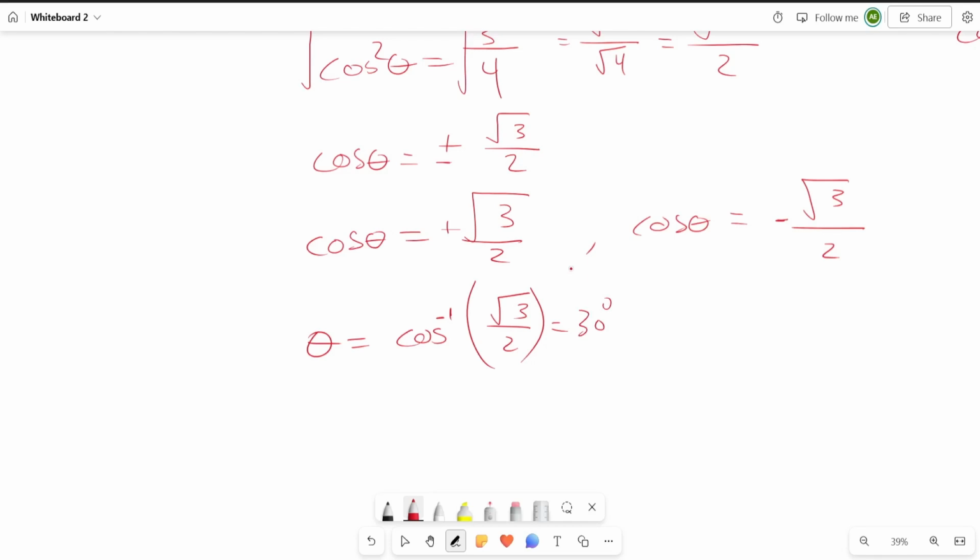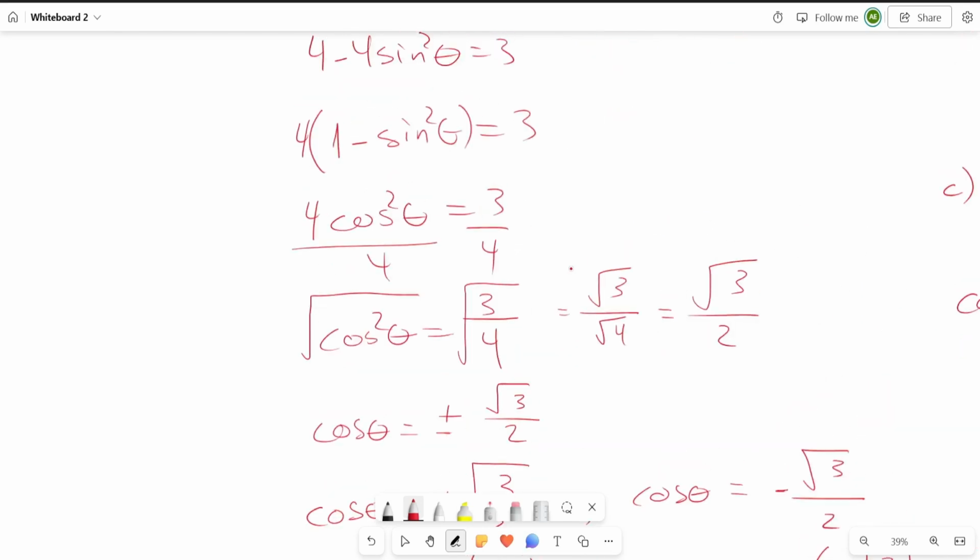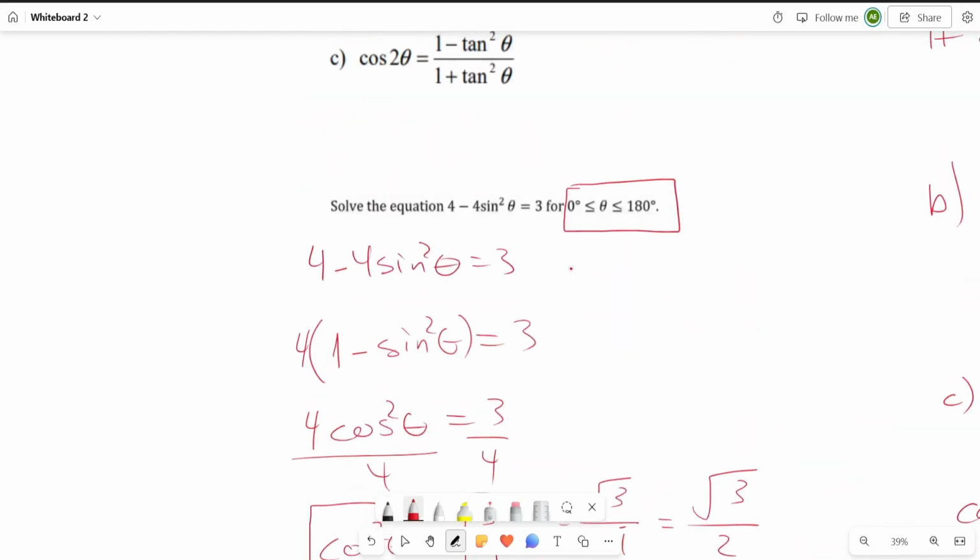And here theta similarly is going to equal cosine inverse of negative root 3 over 2, which if I put in my calculator, shift cosine negative root 3 over 2, is going to give me 150 degrees. And I'm setting my calculator in degrees because it gave me the range in degrees.